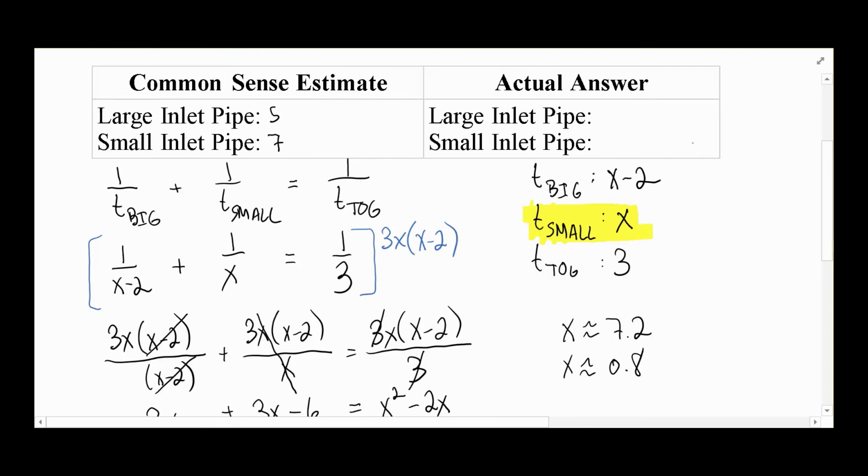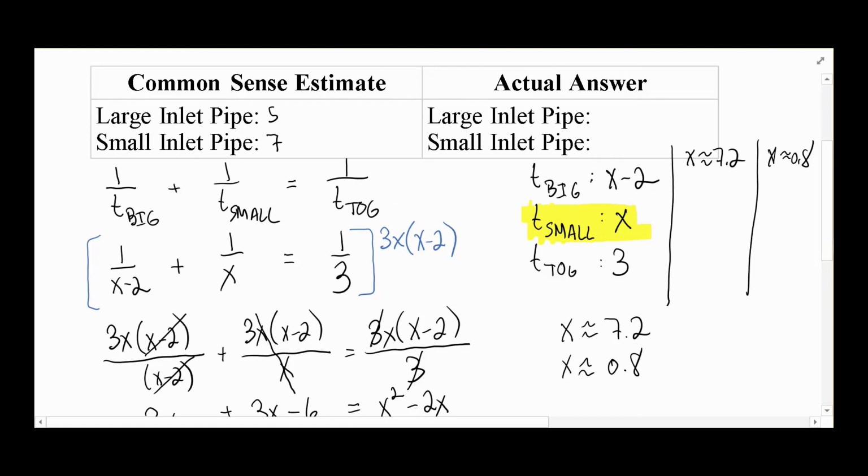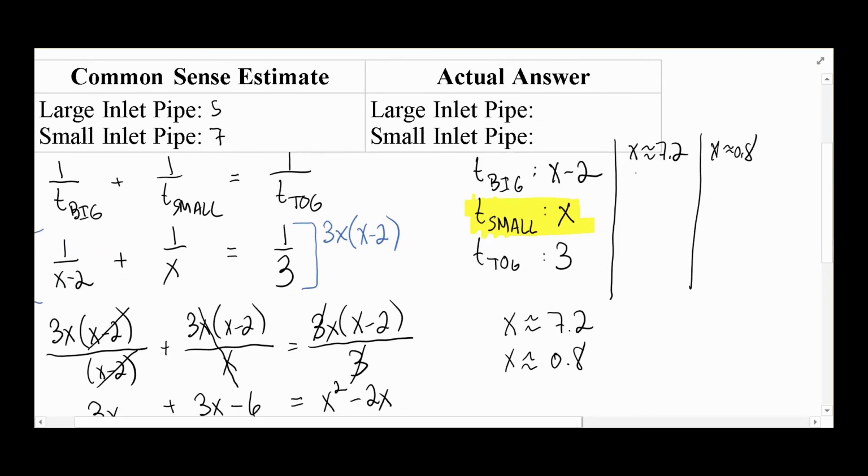Let's look at what happens if I let X equal 7.2 versus what happens if I let X equal 0.8. The time of the big guy, if X is 7.2, would be 2 less than that, or 5.2.